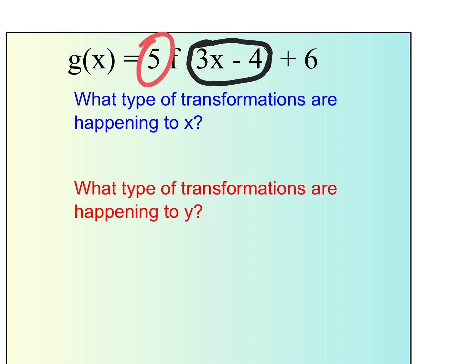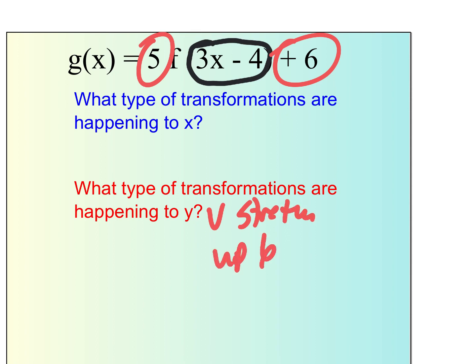This stuff. The Vo stuff. Vertical stretch and an up 6. On the X, it seems like we should times by 3 and subtract 4. But that's not what we'd actually do.